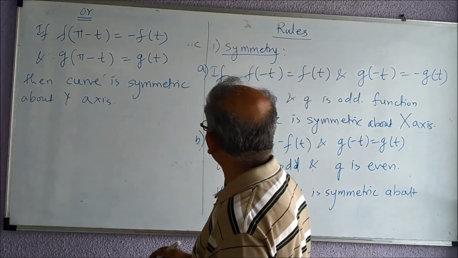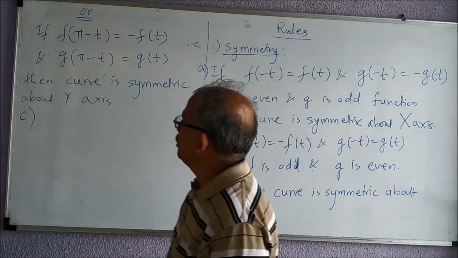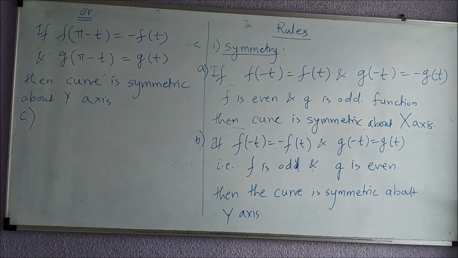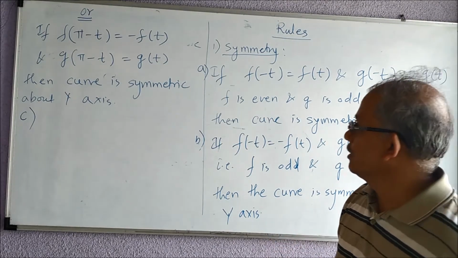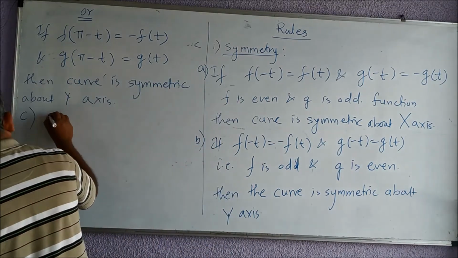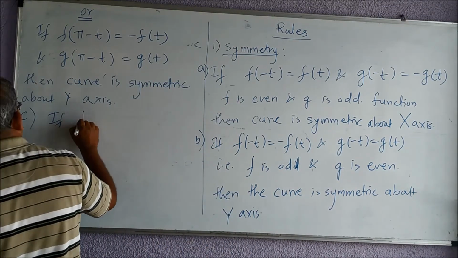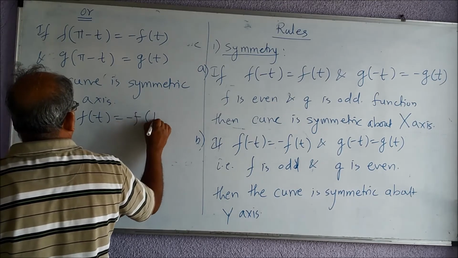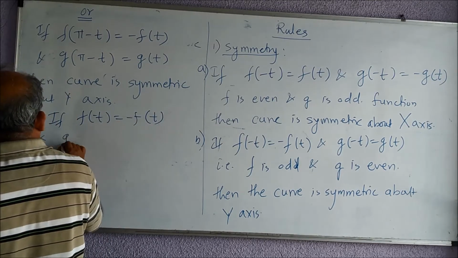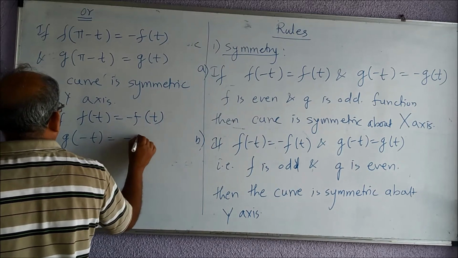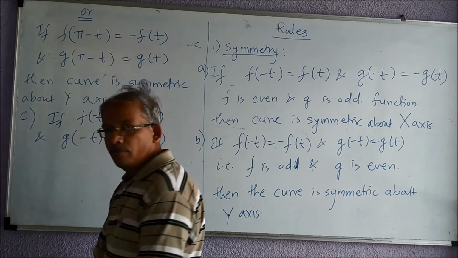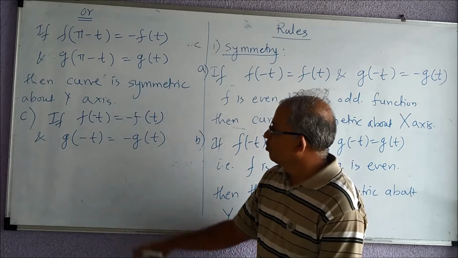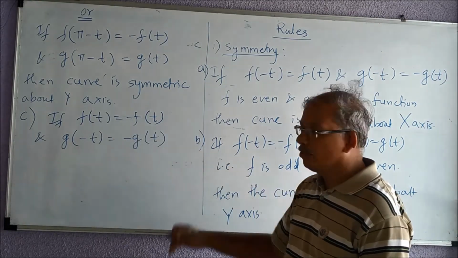Now there is the third part, C. If both are odd functions of t, then the curve is symmetric about both axes. So if f of minus t is minus f of t and g of minus t is minus g of t, then both are odd functions of t, right?